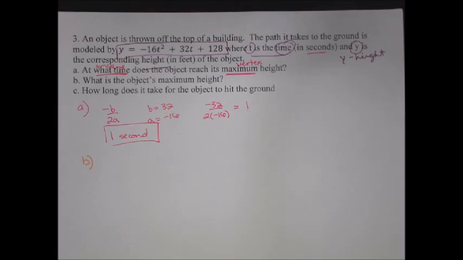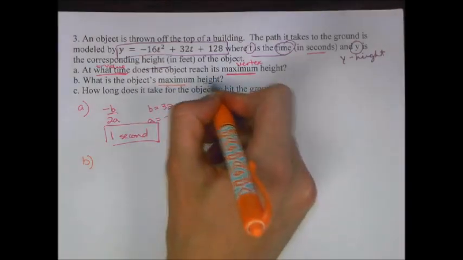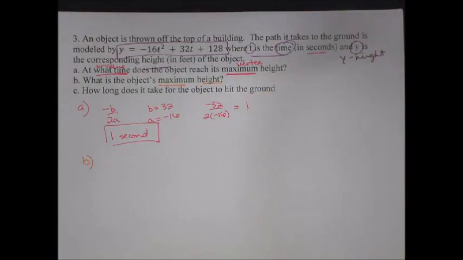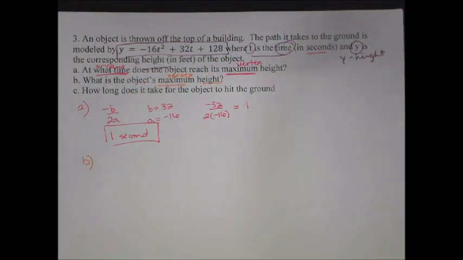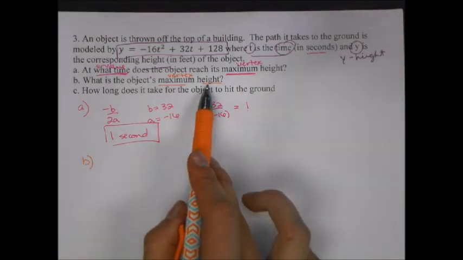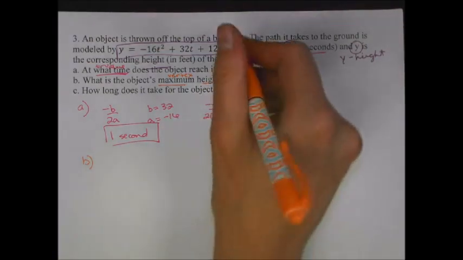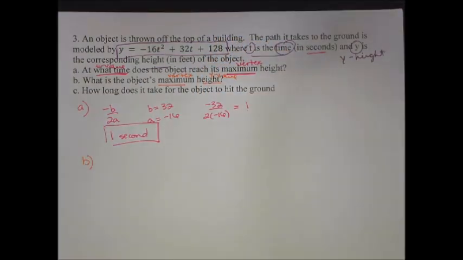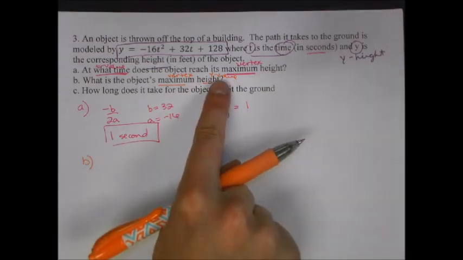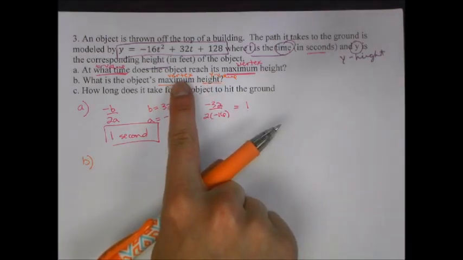For part B, the question asks, what is the object's maximum height? So again, maximum refers to the vertex. Height refers to the y value. So we want to know the y value of the vertex.